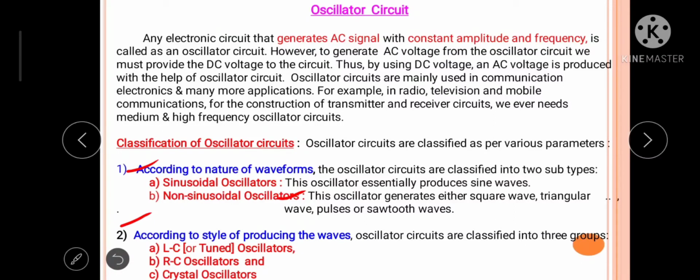According to the style of producing the waves, oscillator circuits are classified into three groups. First, LC oscillators, also called tuned oscillators. Second, RC oscillators, and third, crystal oscillators.